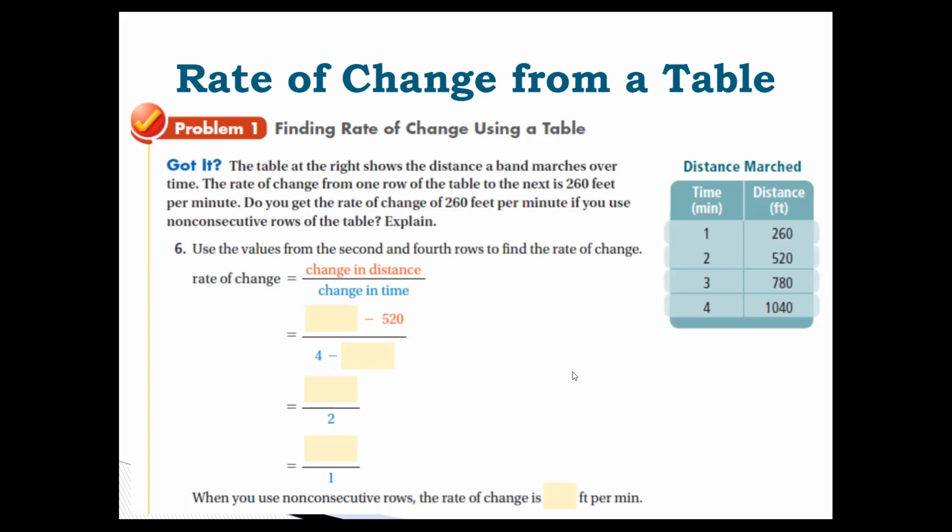If you're involved in sports, you're going to come up with a batting average for baseball players. That's a kind of rate of change. Free throw percentage in basketball, that's a rate of change. How many shots per attempt are they going to make? And so there's all kinds of statistical things that deal with the same idea.